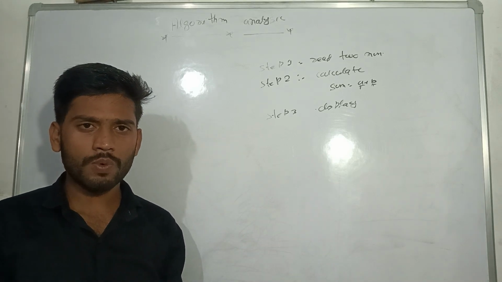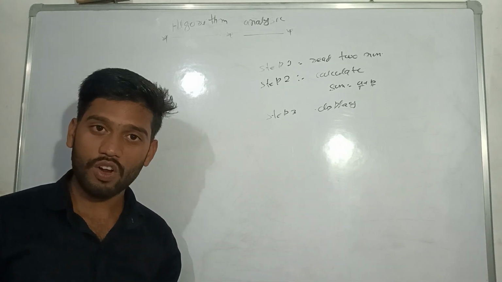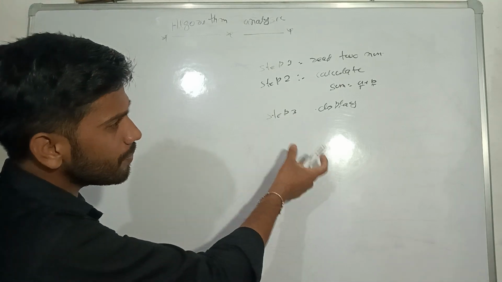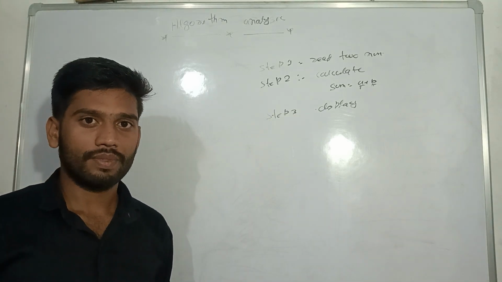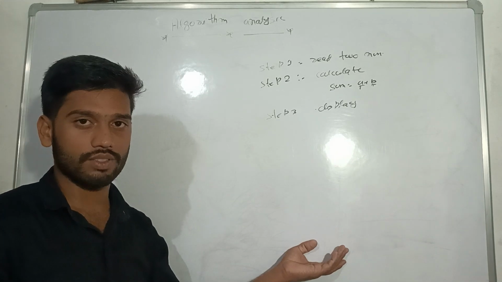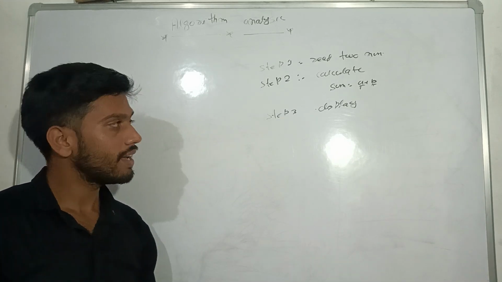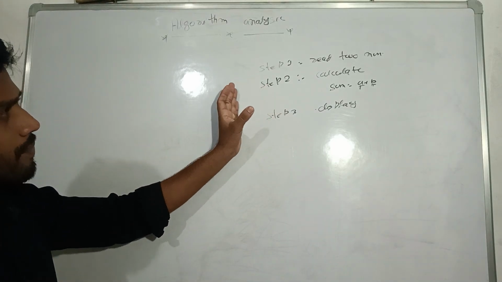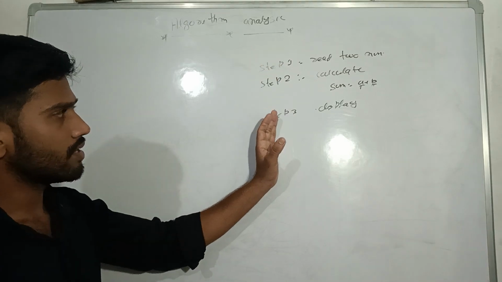If there is no output, then there is a mistake in our algorithm. It should produce at least one output, and the output we want should be produced by our algorithm, right?